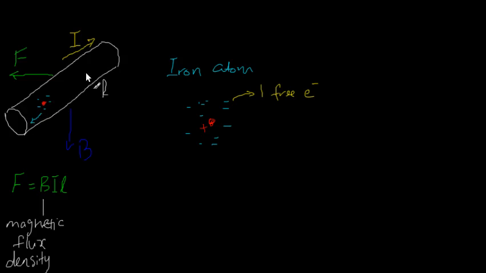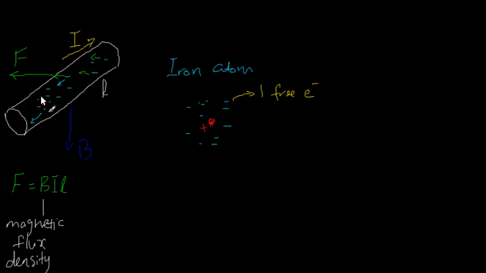So on each and every electron that moves, if I have lots of free electrons that can move, there is a small force acting on it. There would be a small force acting on this electron, a small force acting on that electron, a small force acting on this electron. So lots and lots of forces acting on all the electrons that flow when there is a current.